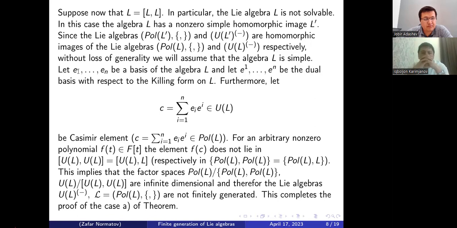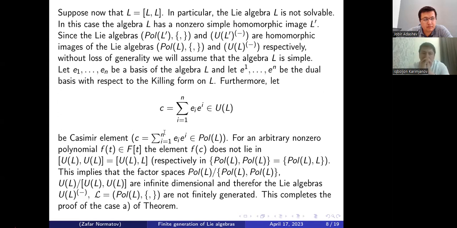So let E1 and so on, En be a basis of the algebra L, and let this basis have a dual basis with respect to the Killing form on L. Furthermore, this sum is the Casimir element in the universal enveloping algebra.